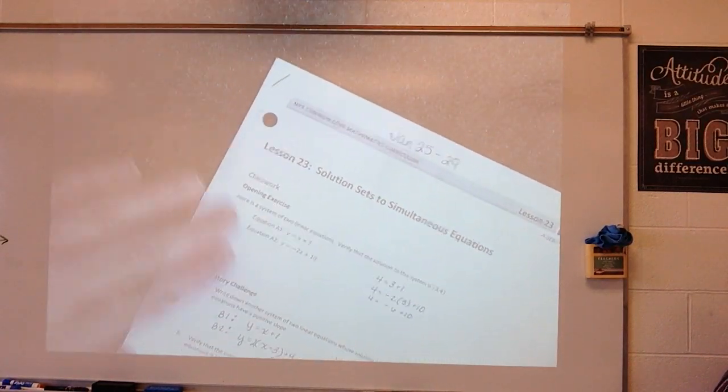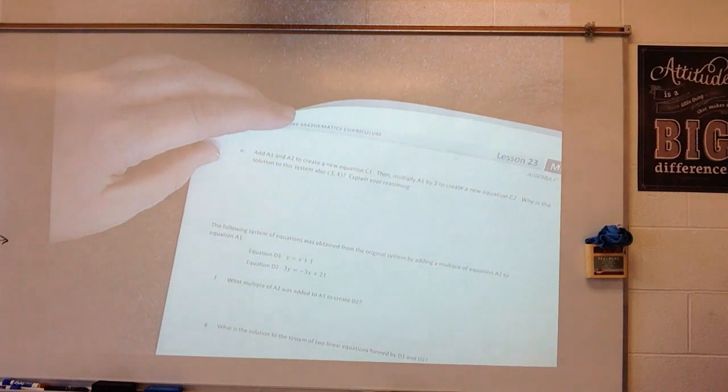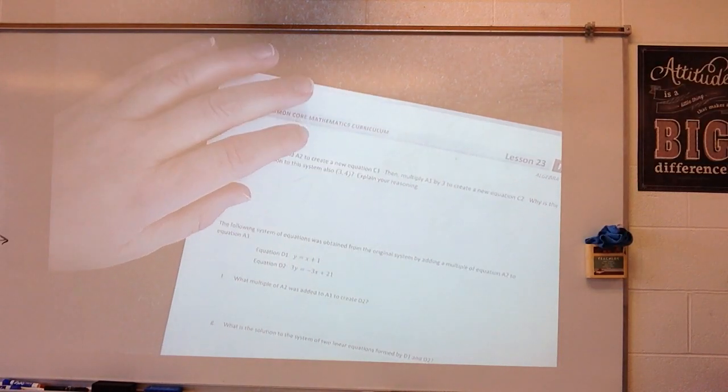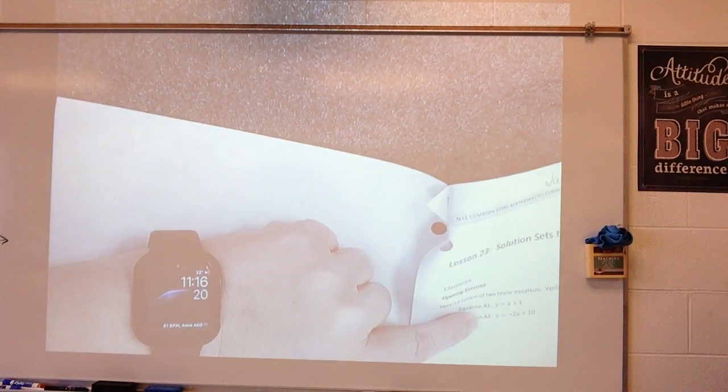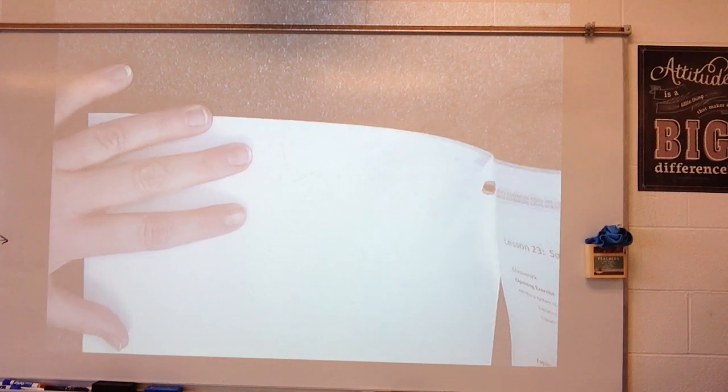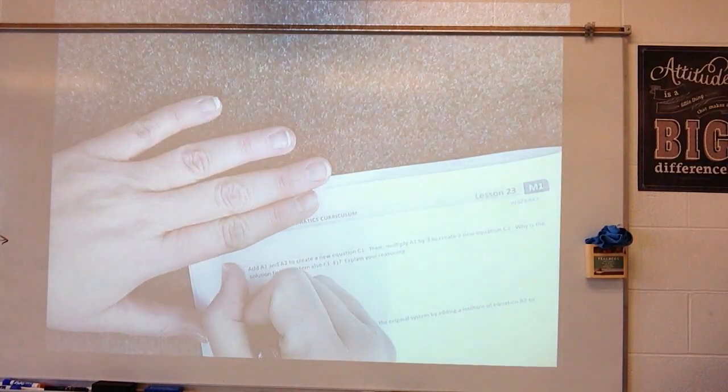Alright. Let's go on and look at E. Add A1 and A2 to create a new equation, C1. So we're going to add those together. All right. So y is equal to x plus 1.